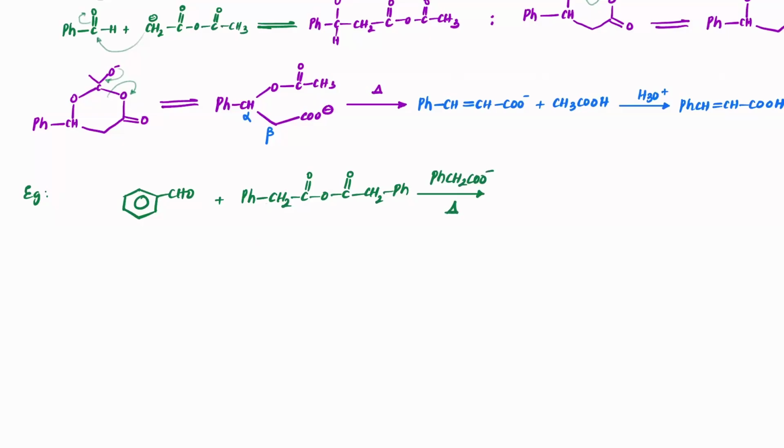The shortcut is very simple. You remove this oxygen and these two hydrogens as water and join them both. That's it. So now I'll have benzene with the aldehyde part, which is CH double bond C. One group will be Ph, the other will be COOH. The one more group will be Ph-CH2-COOH. So this is the product formed.